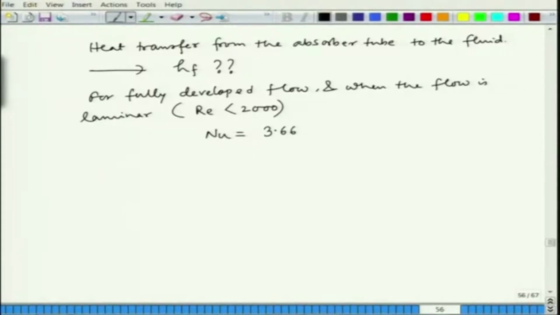This you have learnt in the heat transfer course for convective heat transfer. Okay. And for turbulent flow, or rather for Reynolds number greater than 2000, we have the well known Dittus-Boelter equation.